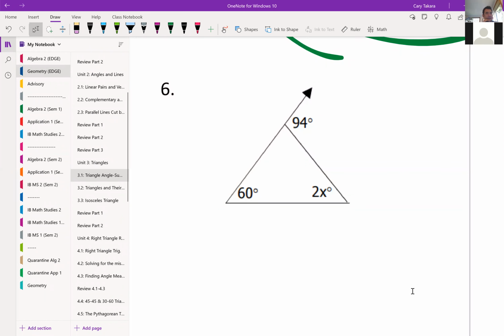I want you to solve for x. What would you do? Which theorem? So we've gone over 2 theorems, right? Which one is that? And I want you to apply that theorem.